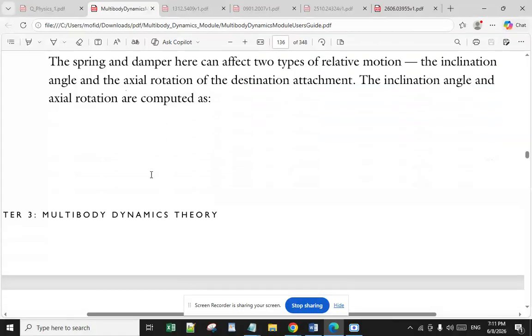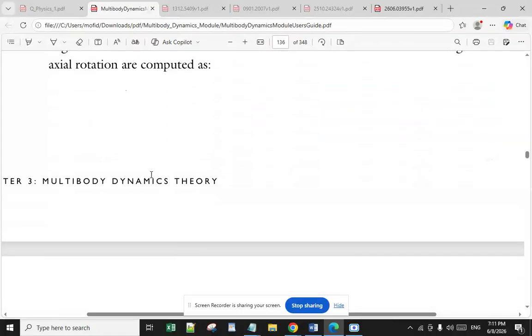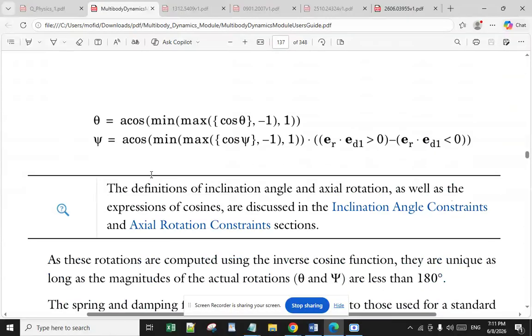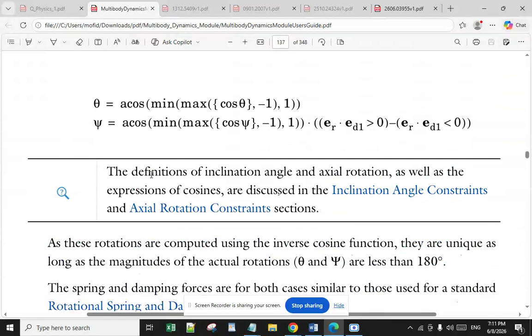The inclination angle and axial rotation are computed as theta is equal to arccosine of minimum maximum cosine of theta and minus 1, and zeta is equal to arccosine of minimum maximum cosine of zeta minus 1 and 1, multiplied by 1 if alpha-delta-1 is greater than 0, minus 1 if alpha-delta-1 is less than 0.